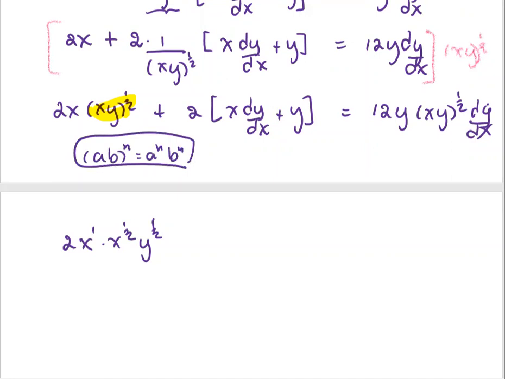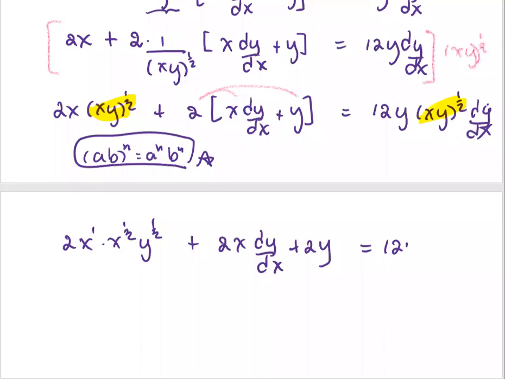All right, that's one of the skills that you're going to bring over. And next, I'm going to distribute 2 to the terms here. So I have plus 2 times x dy by dx plus 2 times y equals, and similar terms here that I have to use the same skill.